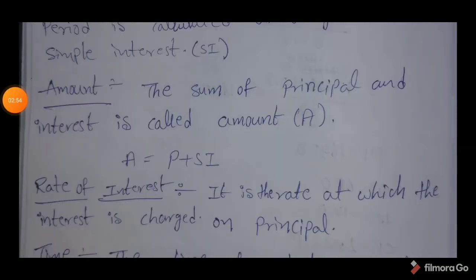Now amount is nothing but the sum of principal and interest, that is A equal to P plus SI. Principal is denoted by P, amount is denoted by A, and simple interest is denoted by SI. Then we have rate of interest.